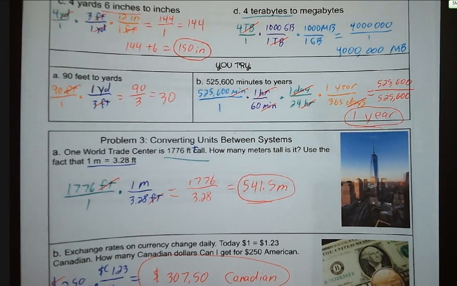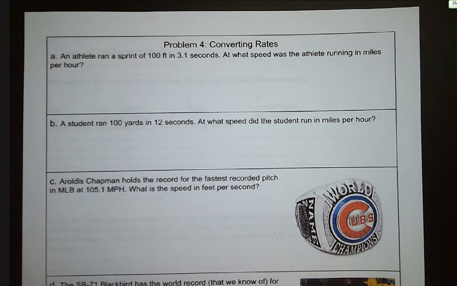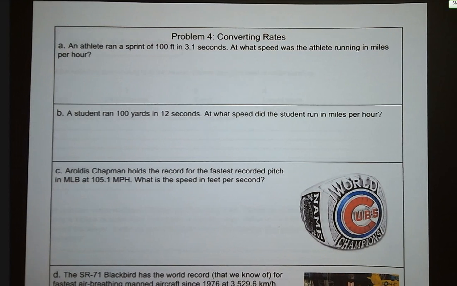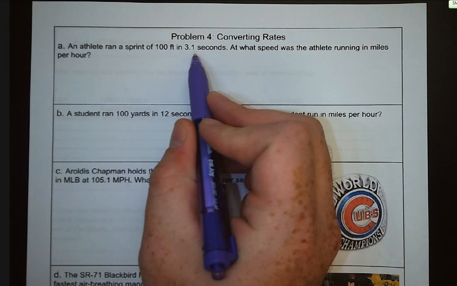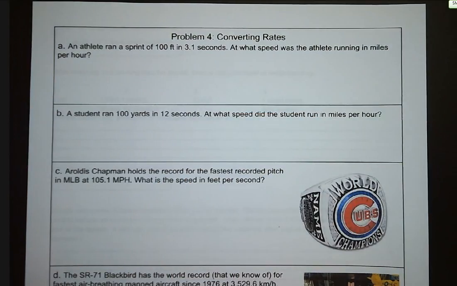All right, next page in our notes. The last page we have is converting rates. So remember, a rate was measuring two different units. So we've got an athlete that is running a sprint of 100 feet in 3.1 seconds, and I want to know at what speed they were running in miles per hour.